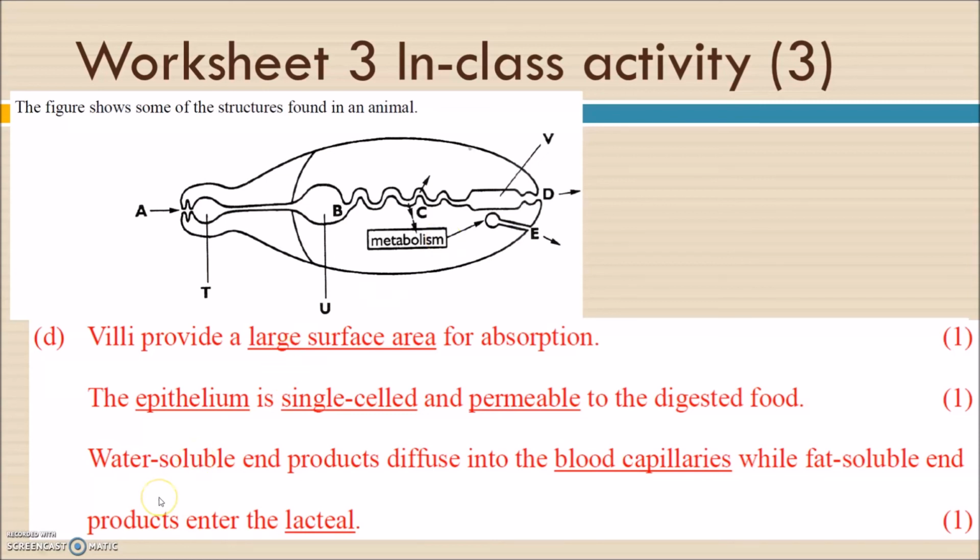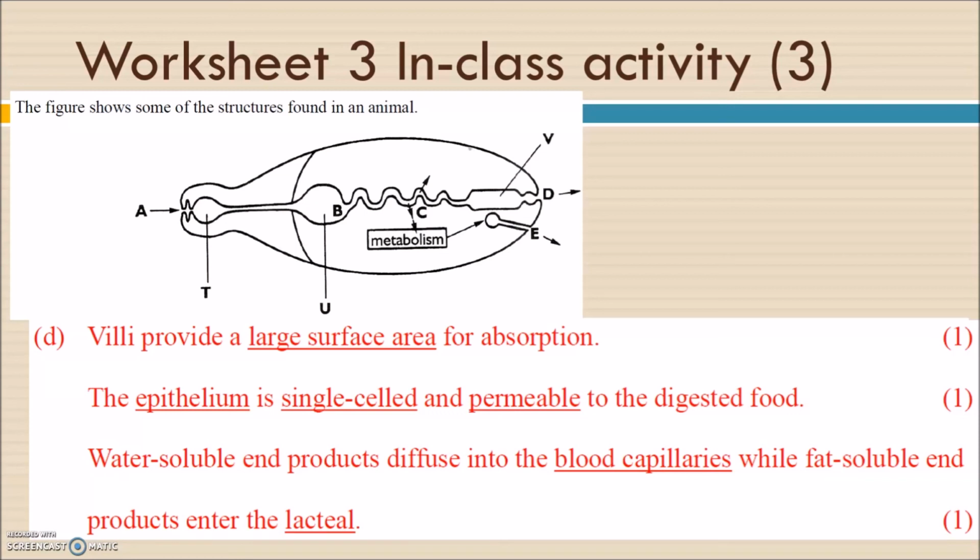Inside the villi we have blood capillaries, which carry the water-soluble products, and the fat-soluble products are carried by the lacteal, that means the lymph inside. The blood in the capillary carries the soluble end products.